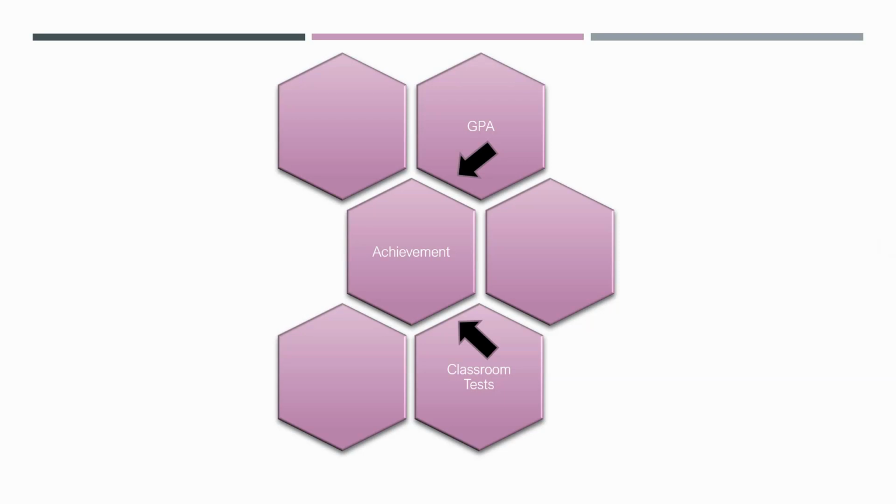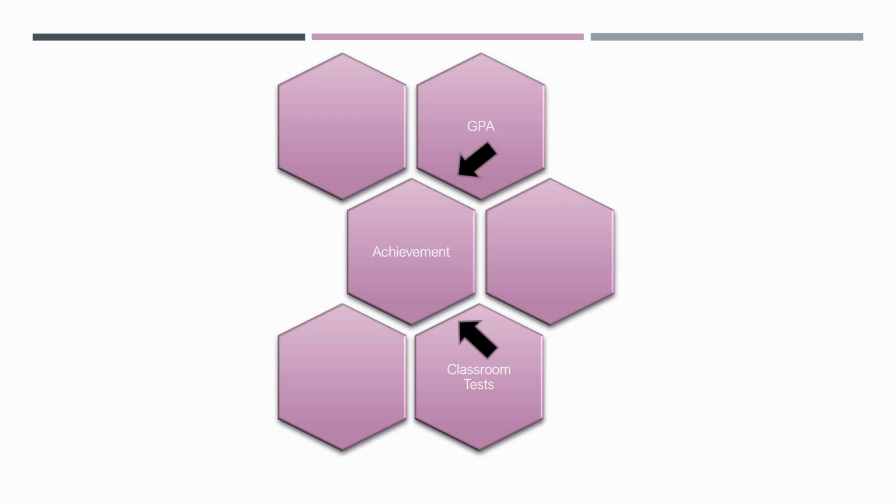Moreover, by what measures are we trying to assess that construct? So here the example that I have is achievement, dead in the center of this conceptual model here. How are we trying to get at achievement?